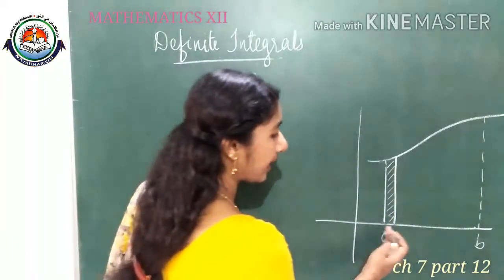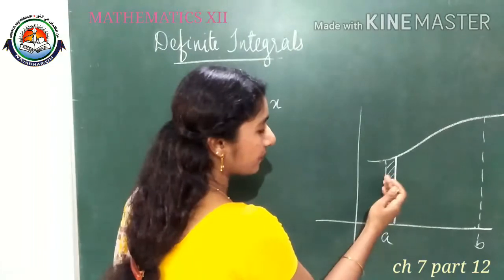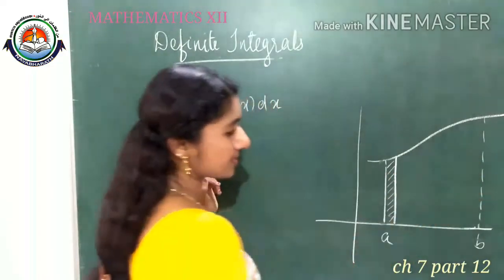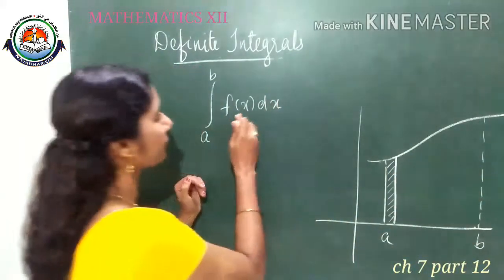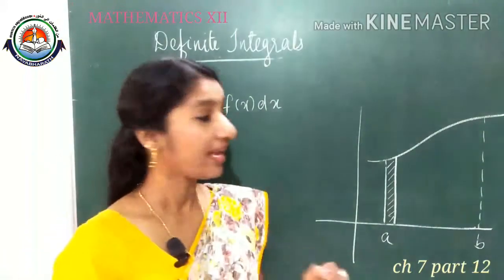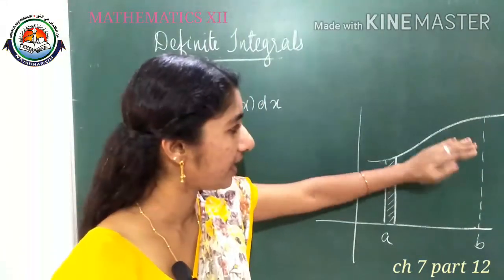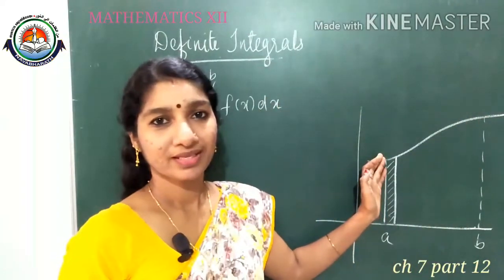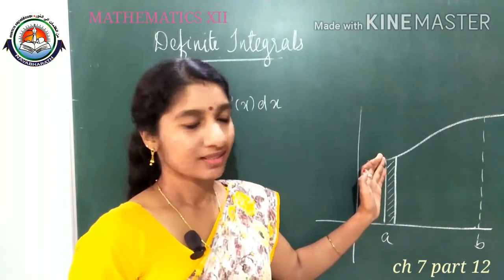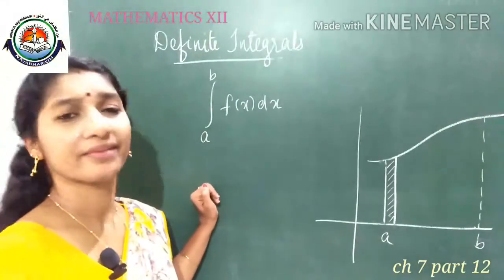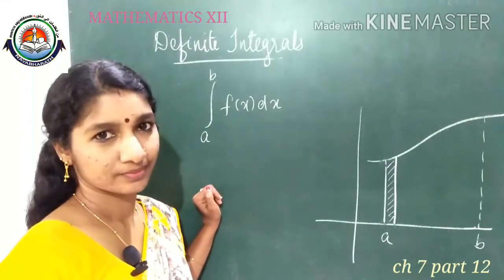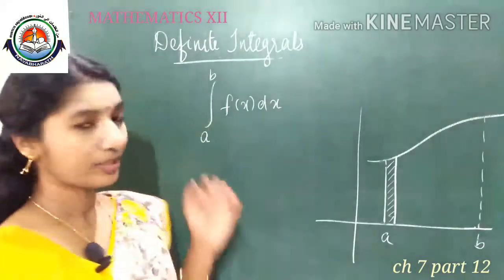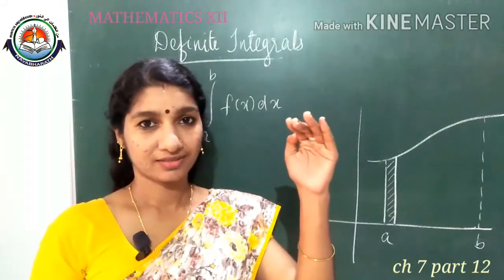So from a to b, if you are drawing many strips like this, integral from a to b f of x dx means actually area of this portion, area under the curve from a to b, isn't it? Then how can we find that value? You know, integration means a summation.